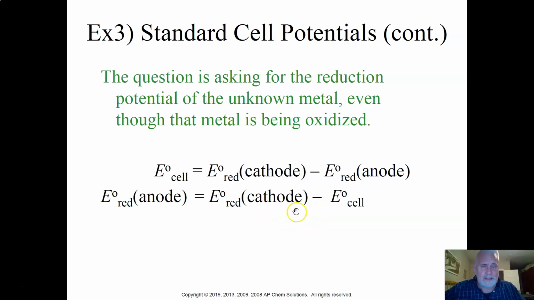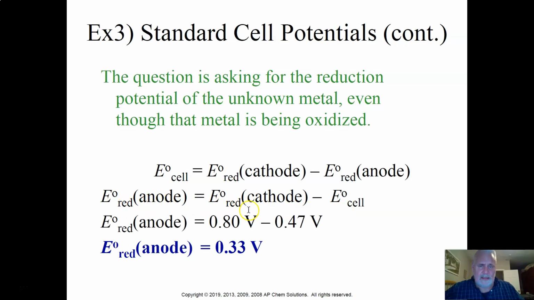And notice all we had to do here is flip the signs on everything, and rearrange this to get this by itself. When you want to bring that negative over there, that would be this minus the E0 of the cell. So it gets a little tricky with the pluses and the minuses, but whatever this was at the anode is 0.8 minus 0.47 volts.